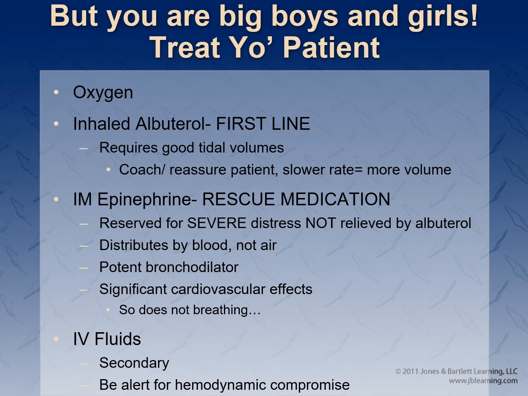Nasal cannula at 4 is my preferred, but there's certainly no law that says you have to do that. We are steering clear of the non-rebreathers as the go-to, at least at first, unless there's obvious cyanosis or severe distress where you're going to be escalating your care imminently.